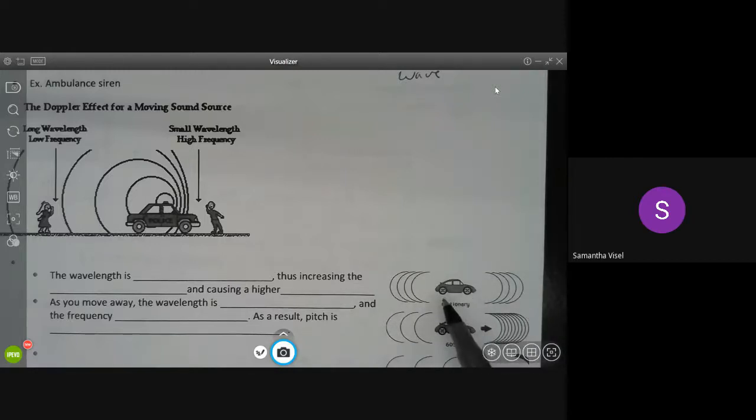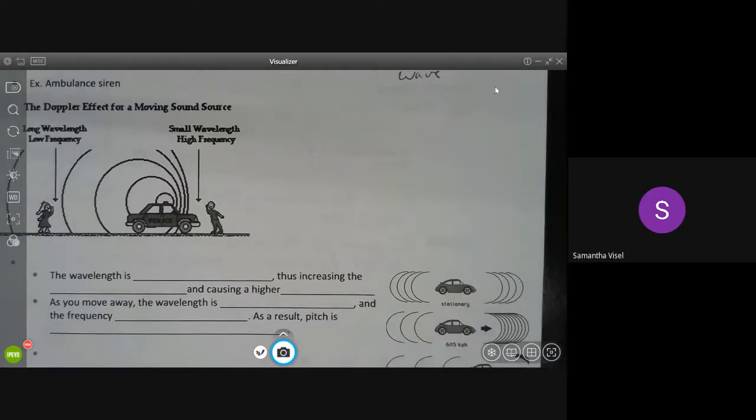So where the Doppler effect happens is when something is emitting sound, but it is moving. And so based on your position to the sound source, those sound waves are going to sound higher or lower pitch, or at a higher or lower frequency than what they actually are, simply because that sound source is moving.